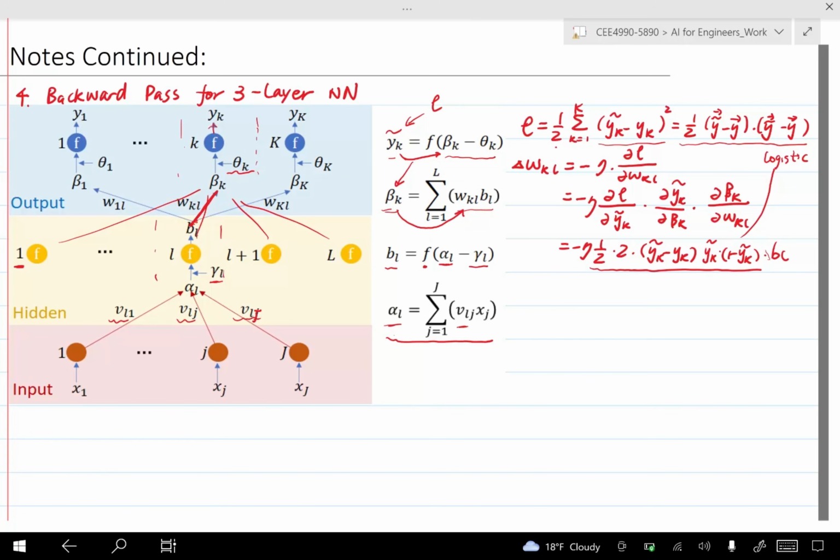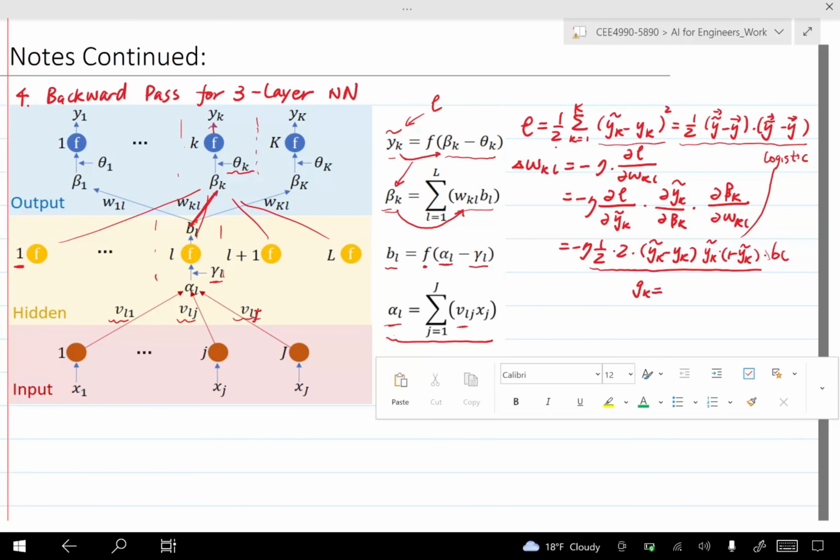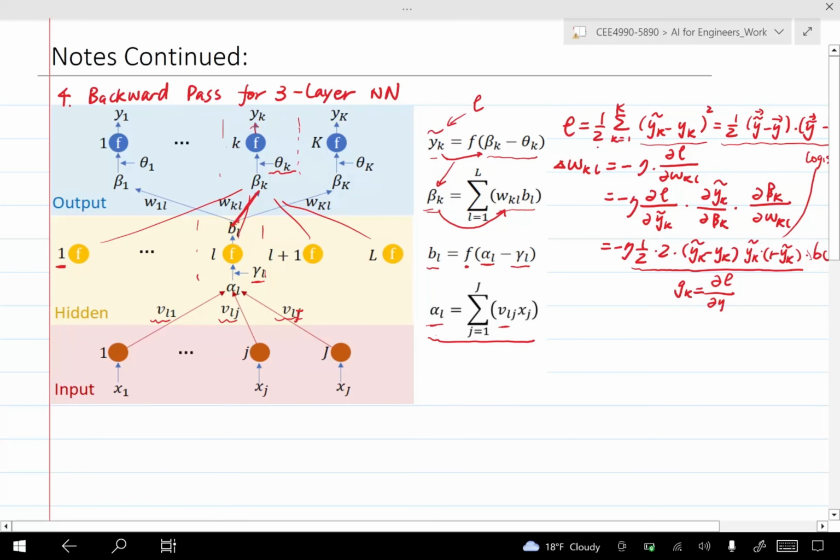We call this one gk, and gk equals the first term times the second term. So it's partial L, partial yk tilde times partial yk tilde, partial beta k, which is also partial L, partial beta k. That's gk.